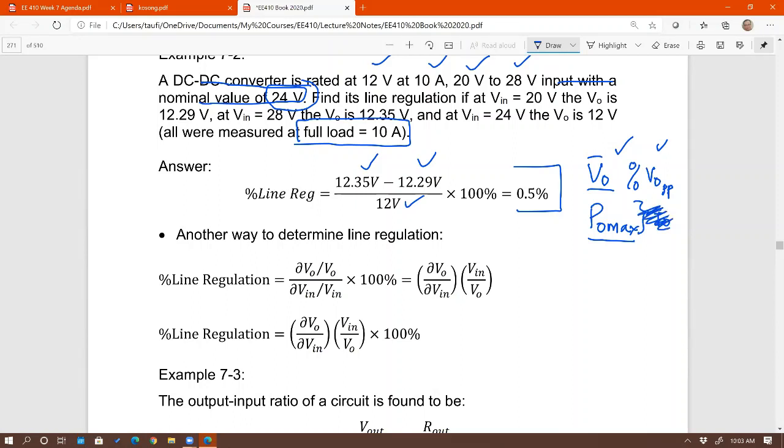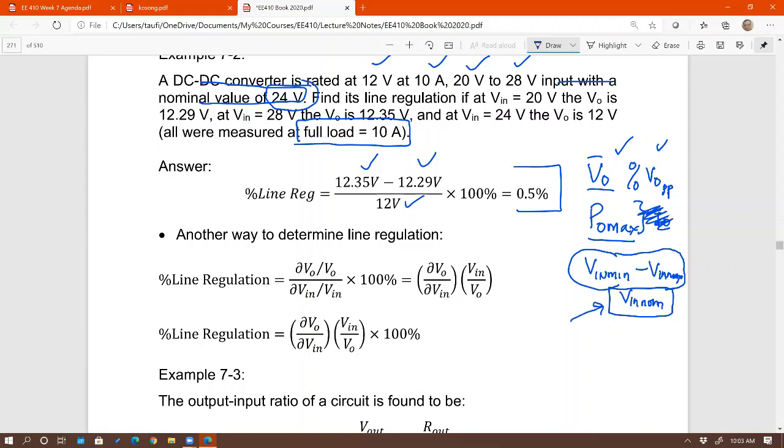Another thing that you must know is V in min, V in max and V in nominal. Sometimes the customer just gives you V in nominal. But if that's the case, that's actually good, because then it's up to you how far down you would like to choose for V in min and how far up you want to choose for V in max. But typically that would also give you the range of the input voltage and V in nominal. So this has to be given.